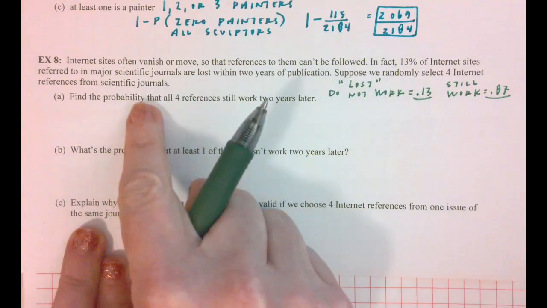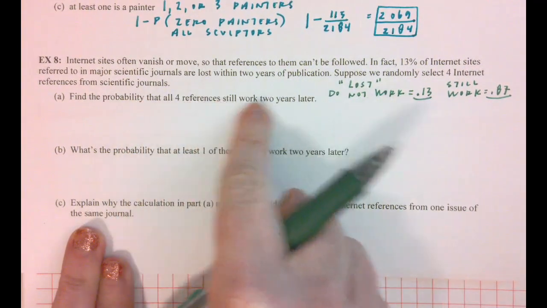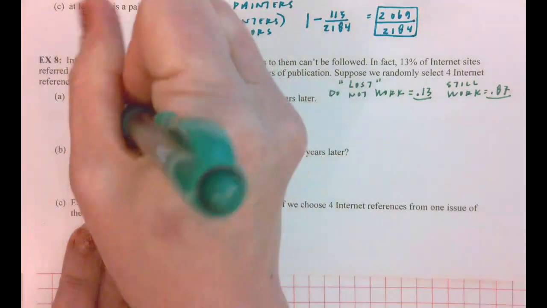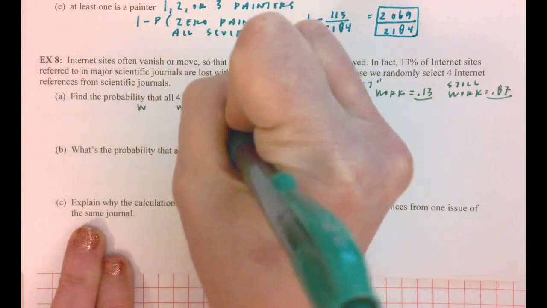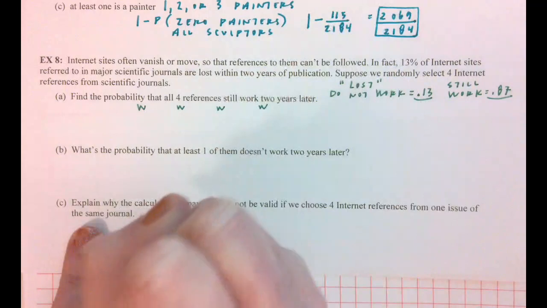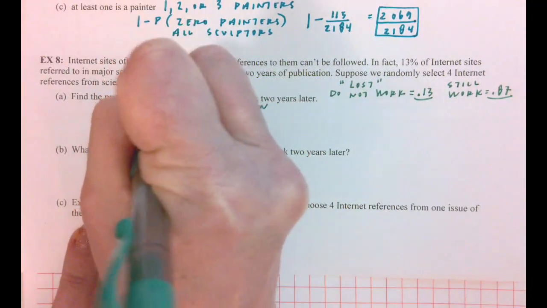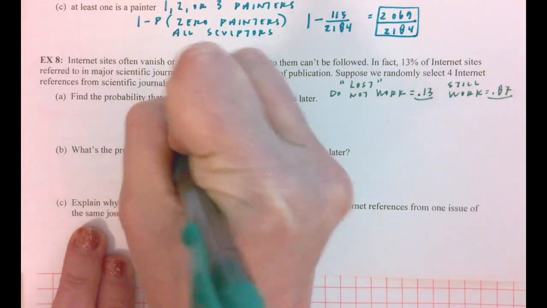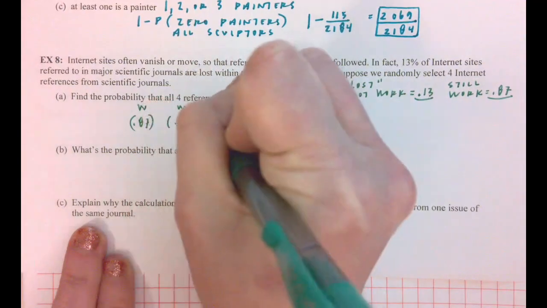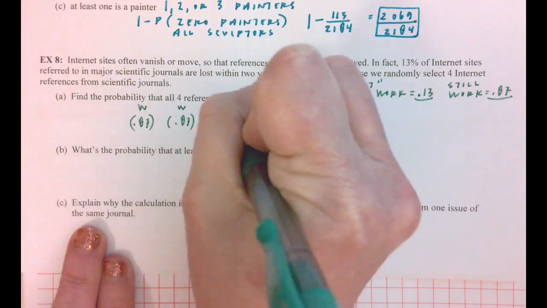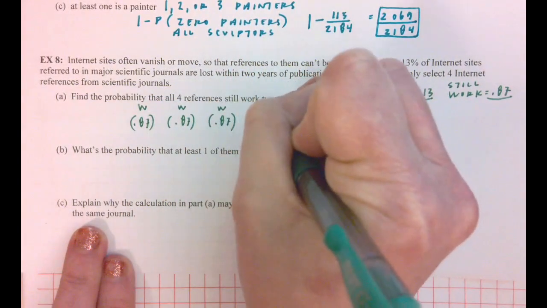All right, so I'm looking for the probability that all 4 still work 2 years later. So we're saying they work, work, work, and work. So I'm looking at 0.87, 0.87, 0.87, 0.87.